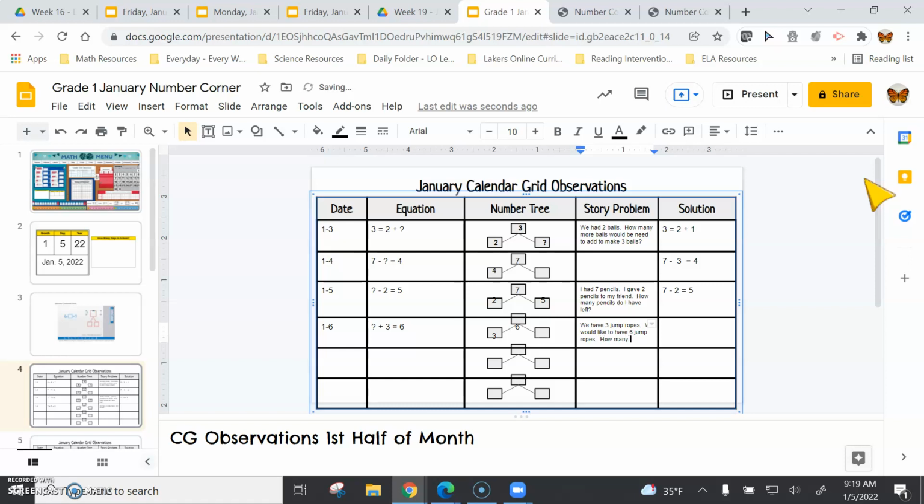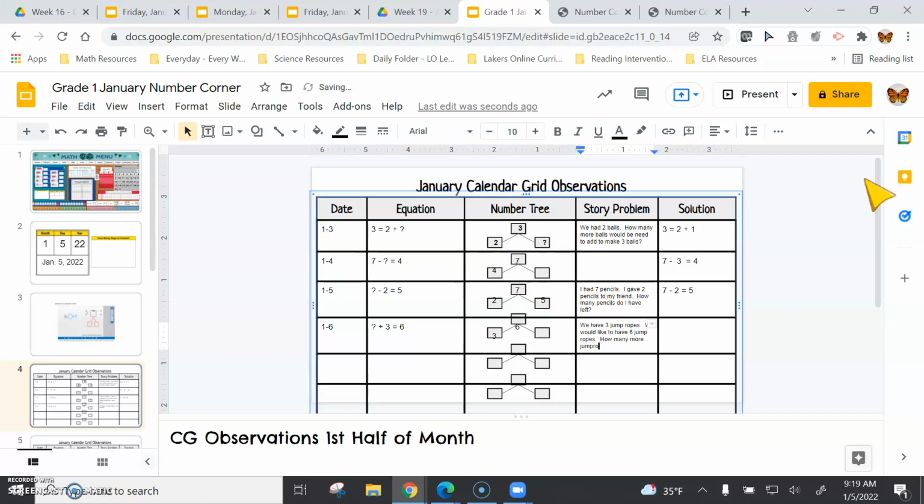How many more jump ropes do we need? Something plus 3 equals 6. What do you think that something is, class?